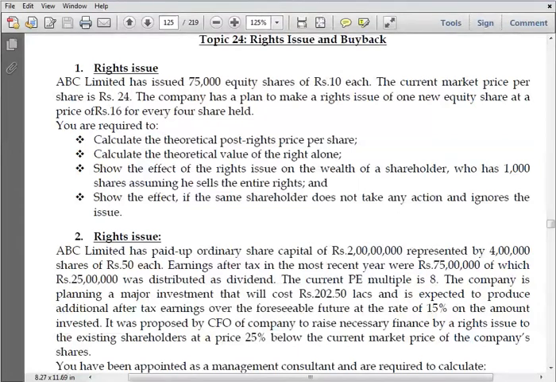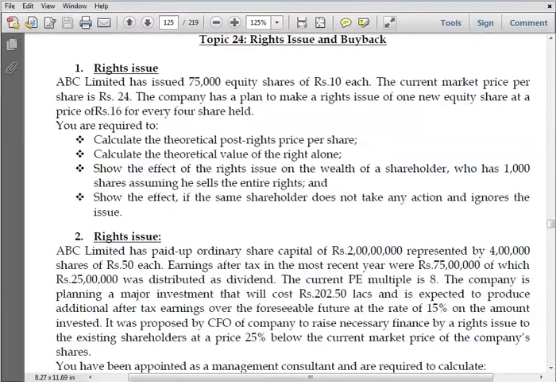So write: theoretical post rights price equals existing shares into existing price plus new shares into issue price, whole divided by existing shares plus new shares.